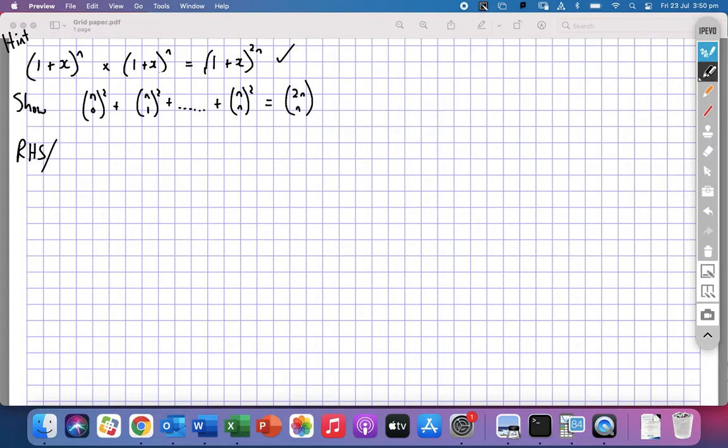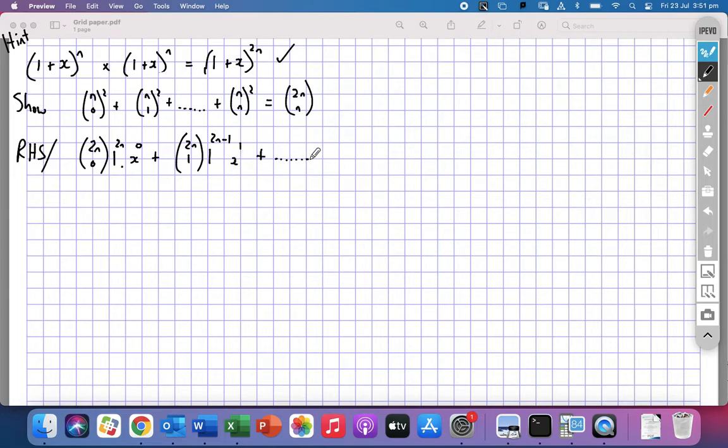If I was to do that on the right-hand side, the thing that's normally an n is now a 2n. So the sum is going to look a bit different. It's going to be 2n choose 0, 1 to the power of 2n minus 0, which is 2n, times x to the power of 0, plus 2n choose 1, etc., 1 to the power of 2n minus 1, x to the power of 1.